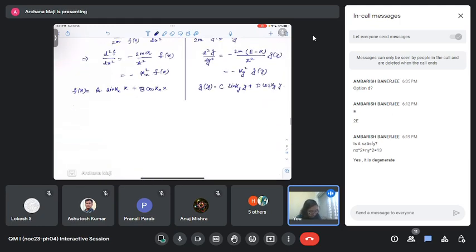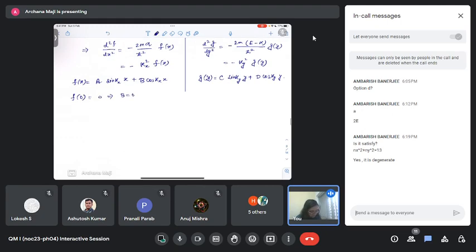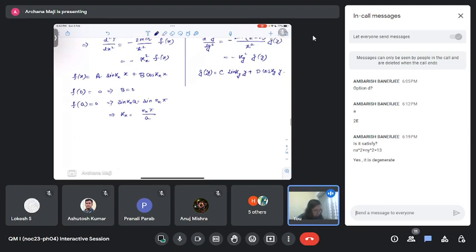So at x equal to 0, the function being 0 would imply b is equal to 0, and at x equal to a being 0 would imply sine kx a is equal to sine n pi, or kx is equal to nx pi over a.